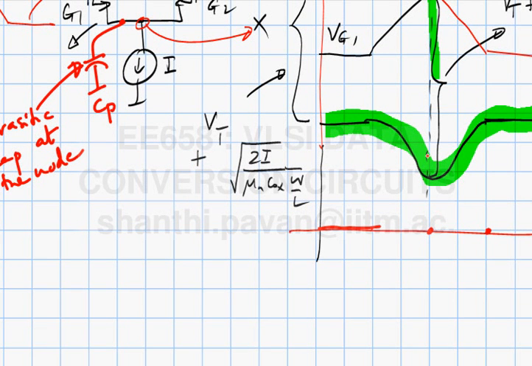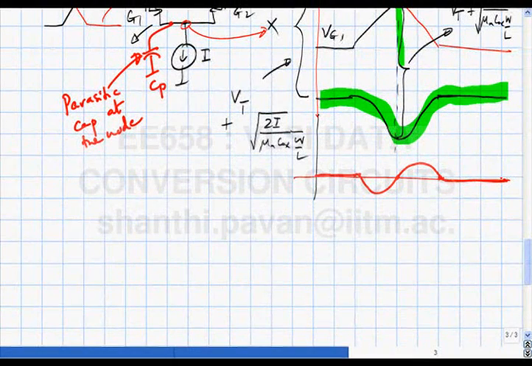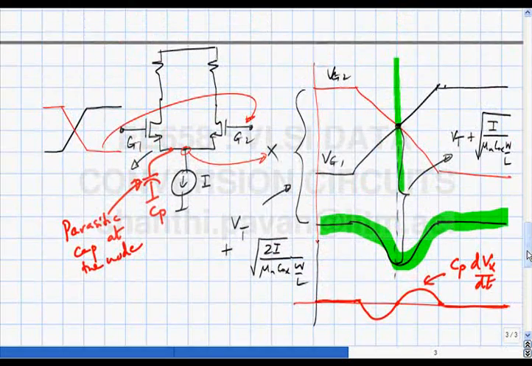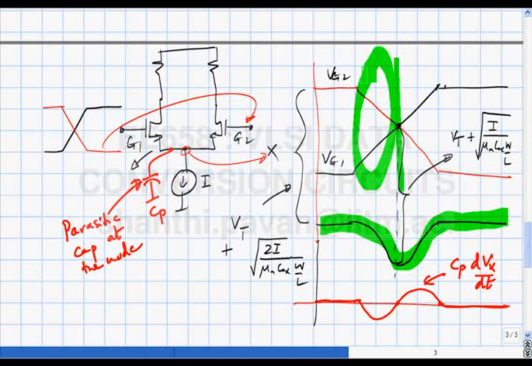So this is a very first-order analysis of what happens. Now when you are in this region, where do you think most of this displacement current flows?